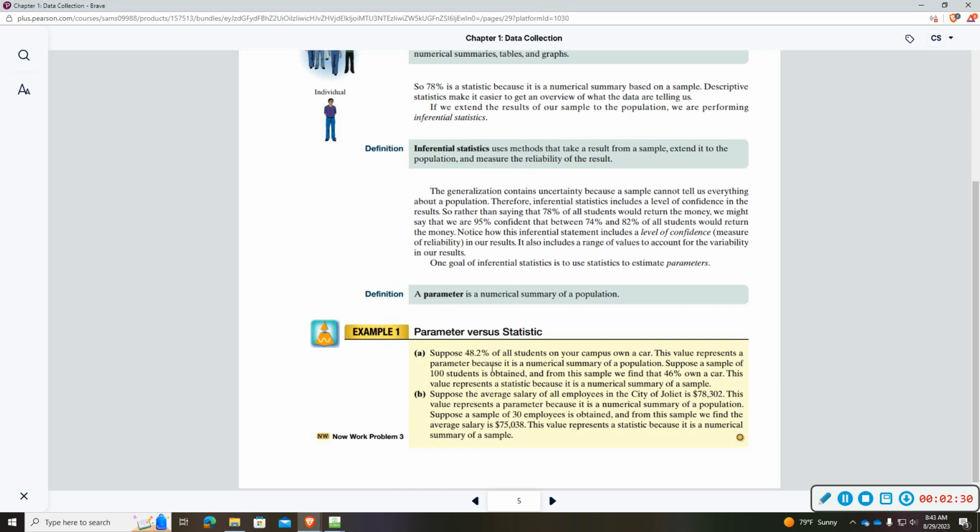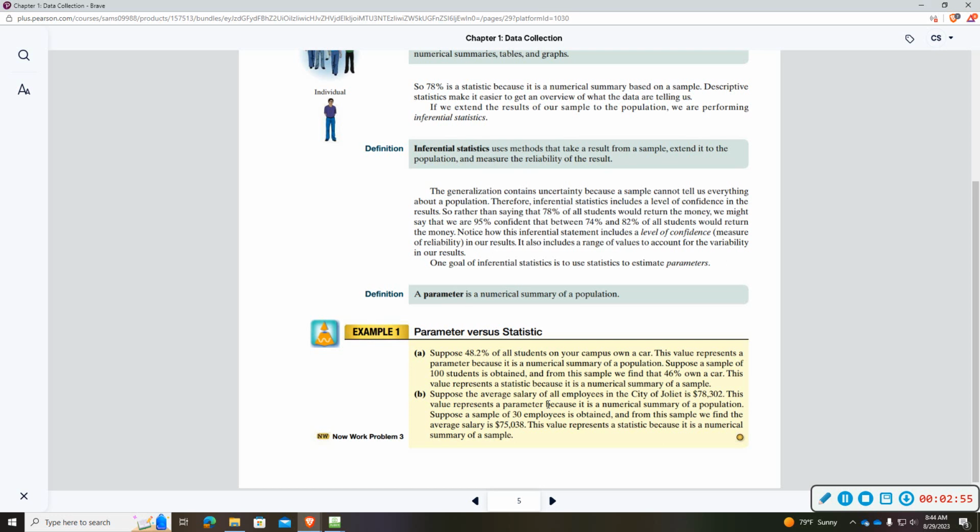Basically, you will gather some data, and let's say I took an average. Let's say I have a class of 30 kids. If I take 10 of those kids and find their average, I use the sample of that class. That average would be called a statistic because I use the sample. S for sample, S for statistic. If you use a sample, the number that you get is a statistic.